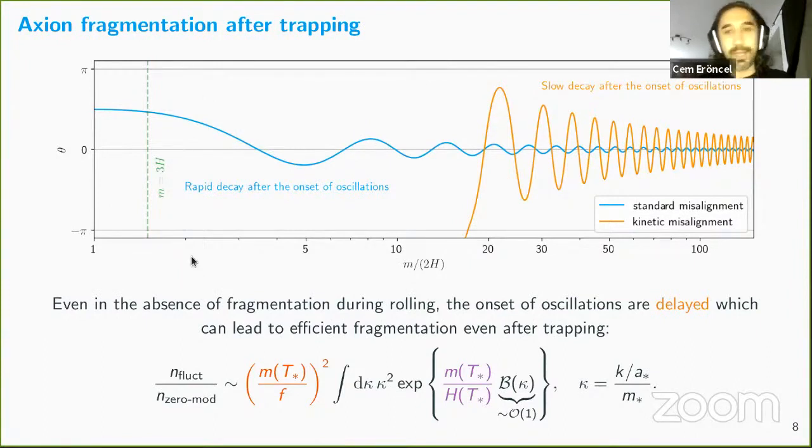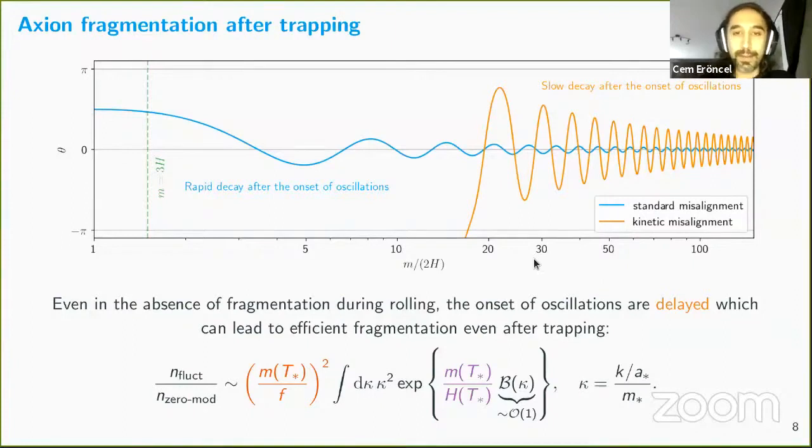Therefore, we have the same effect as the large misalignment mechanism, where you tune the initial angle to the top. Since the oscillations are delayed, the amplitude of the oscillations decays at a much slower rate compared to the standard misalignment mechanism, and this can lead to efficient fragmentation after trapping.